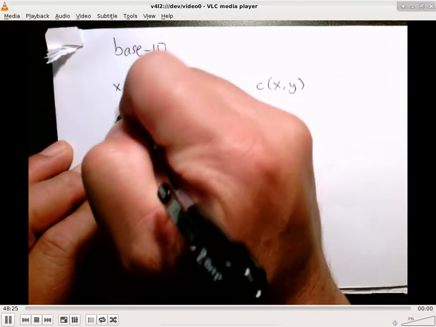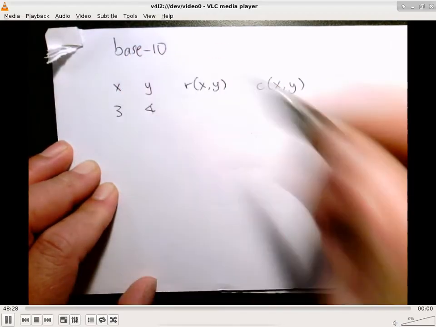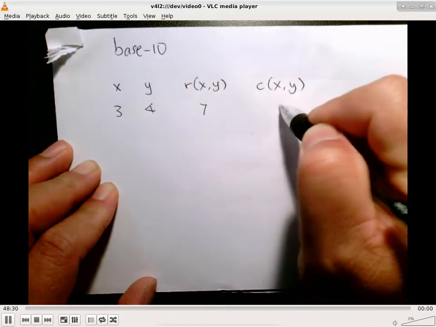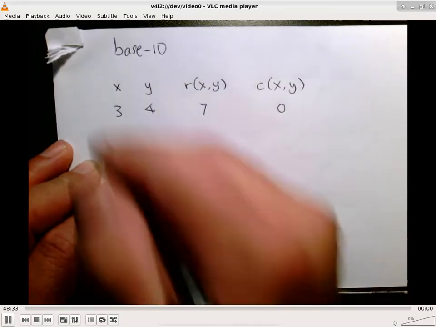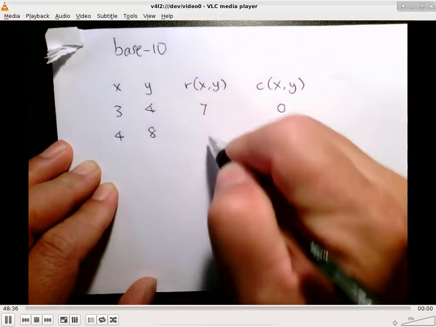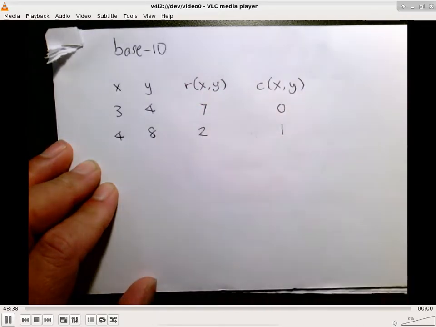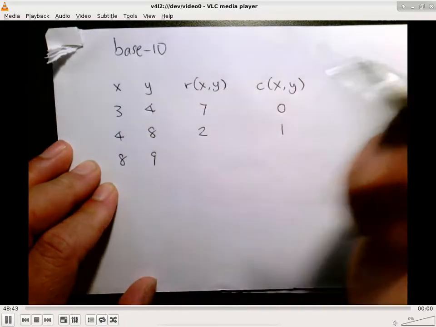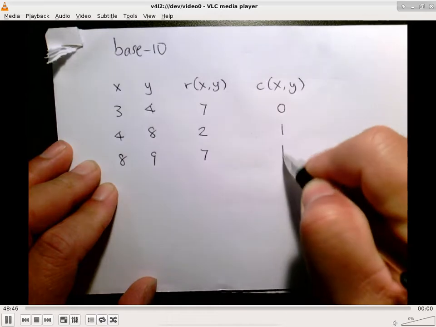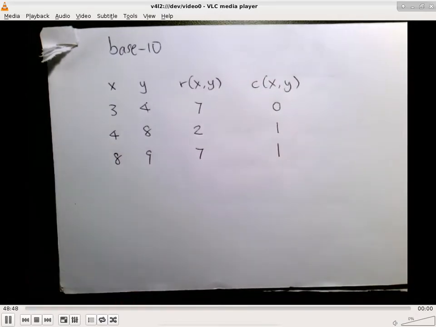So let's start with some really easy stuff, like 3 plus 4. 3 plus 4 has a result of 7 and a carry of 0. 4 and 8 has a result of 2 and a carry of 1. 8 and 9 has a result of 7 but a carry of 1 because it's 17. So are we okay so far with the result of a single digit addition and the carry of a single digit addition? This is all in base 10, by the way. Is that good so far?